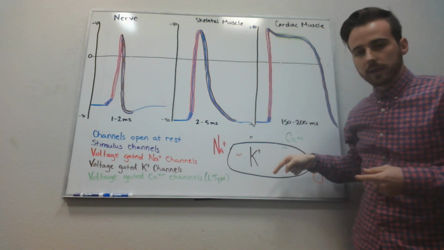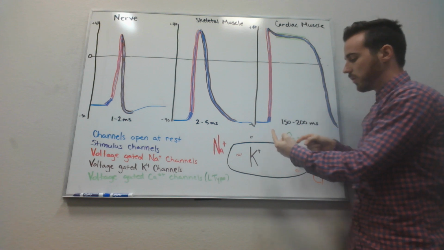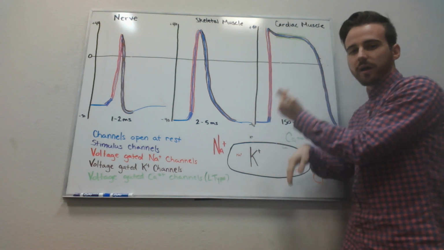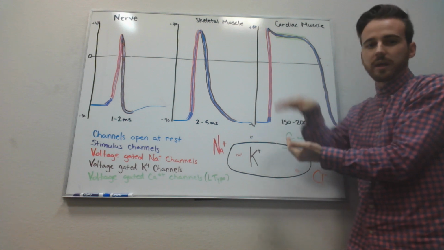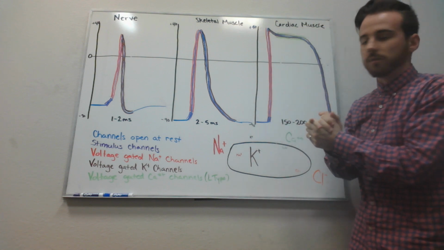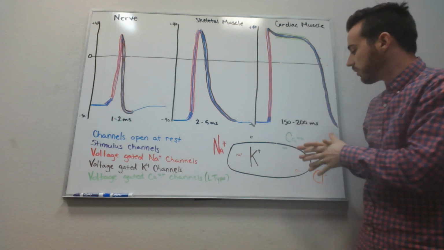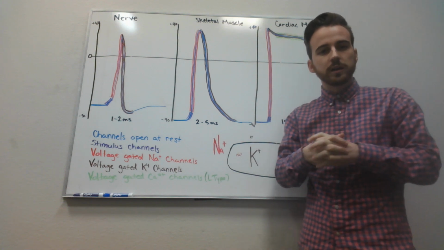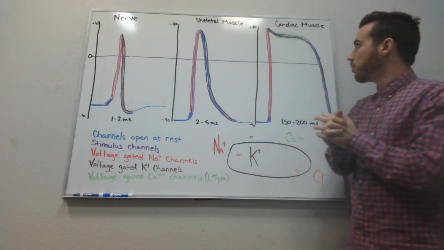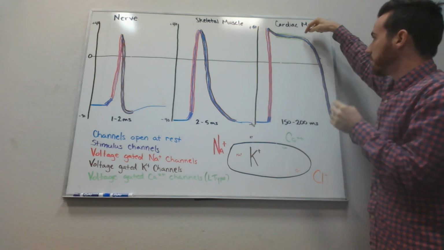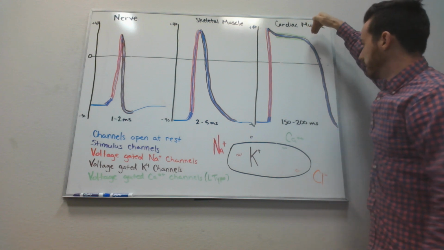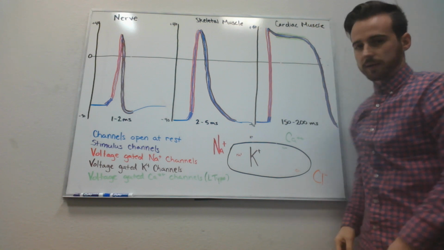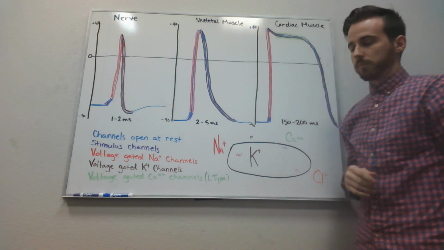Calcium wants to go in, potassium wants to go out. So we have positive charge coming in, positive charge going out, and it actually ends up balancing out. That's why you have a plateau at all. Those calcium channels, though, are going to be inactivated after 100 to 200 milliseconds or so, and that's when we again see our repolarization with those potassium channels, bringing it back down to resting membrane potential.